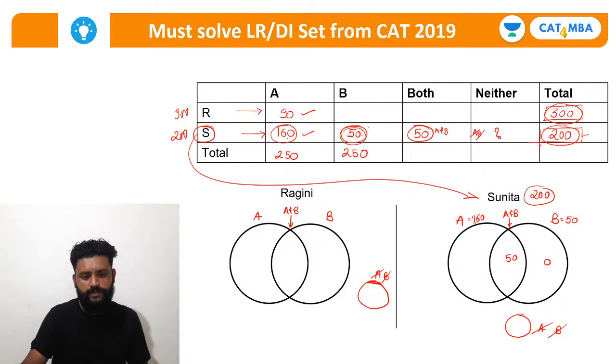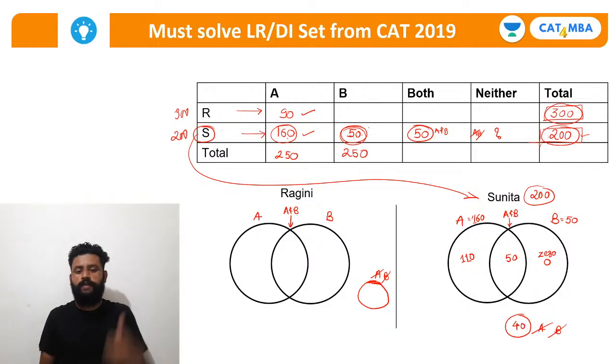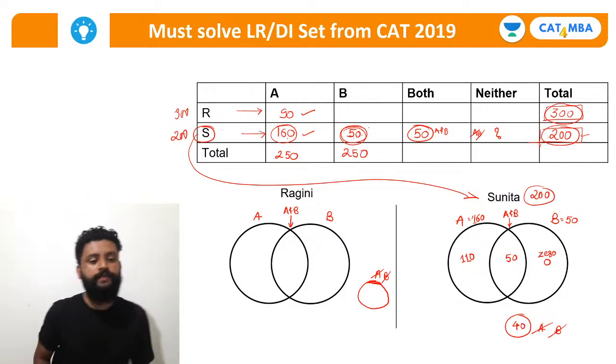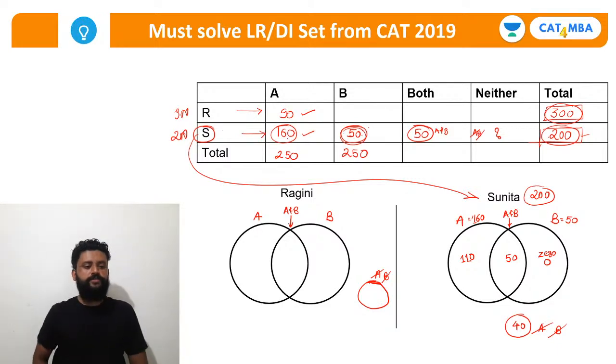That means this must be 0. And here it must be 110. 110 plus 60 is 160, and here it must be 40. Right, Nicole? That's what I want from everybody. So that's it. It's right.